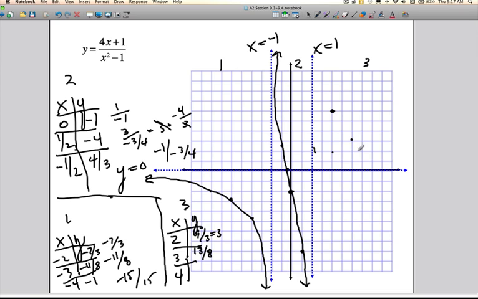And when I plug in 4, I'll have 16 plus 1, which is 17, over 16 minus 1, which is 15, so it's just a little over 1. Here I'd be a little over 1. And over here it looks like I've got the same basic shape that I have in section 1.